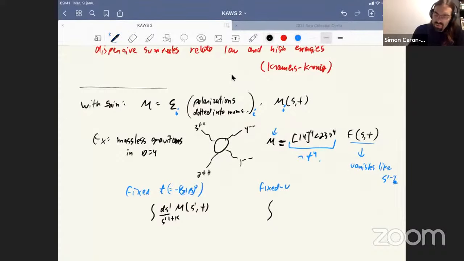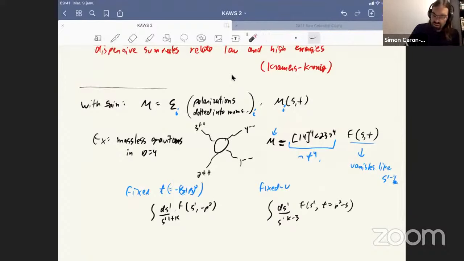That means that for the fixed U dispersion relation, now you can write something like an integral of ds prime over s prime to the k minus 3. And now it would be this function f. So I should have written f in both cases. S prime, and if fixed U, then t would be equal to, maybe I should put t equal minus p squared in both cases, t equal p squared minus s.